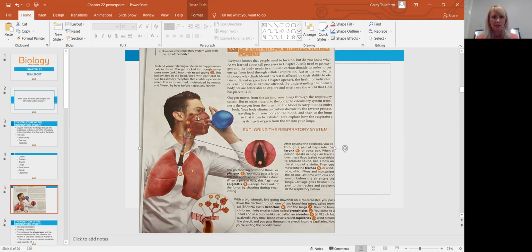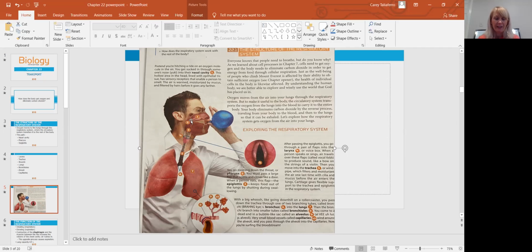All right. So oxygen comes in through your nose and is back here in your nasal cavity. That hollow area is lined with tiny hairs, mucus, and epithelial tissue, making a nice, good environment for you to pass through. So you come zooming through here, and you hit the pharynx.